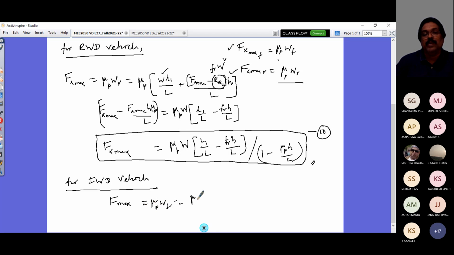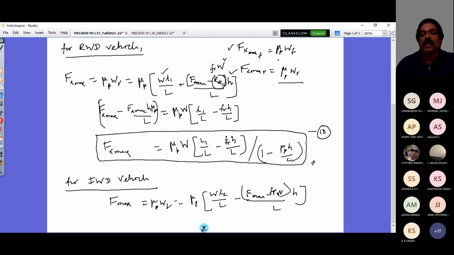So I will have to substitute the same way, mu P times this W L2 by L minus Fx max minus Fr W, by, so here is the minus sign, here it was plus sign, right? That's the only difference. This into H by L.